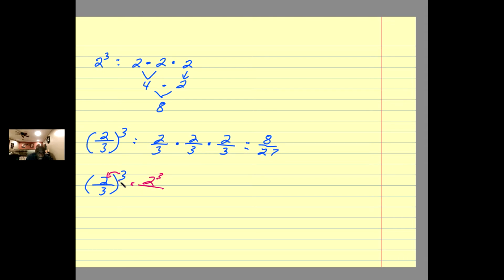Over that 3 right there, which is also raised to that 3, so this is 3 to the third power. Whenever you have a number inside the parentheses, that 3 on the outside will be distributed to the numerator and the denominator. So you can simply look at 2 to the third power is 8, and 3 to the third power is 27. It's a little bit quicker to look at it like that.